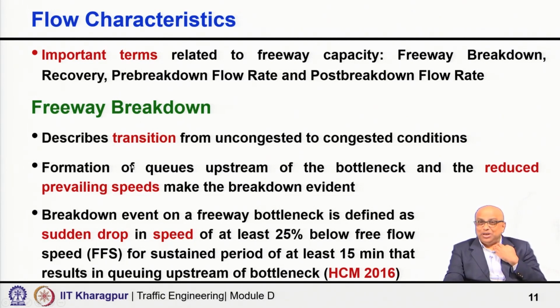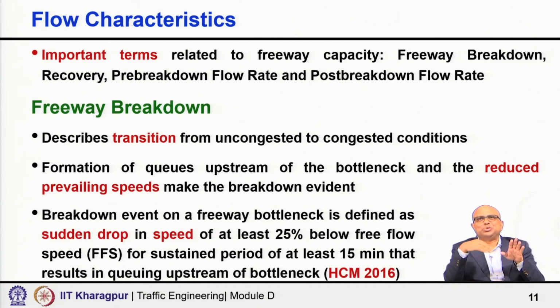It will be evident how we can recognize that a freeway breakdown has occurred, because there will be formation of queues upstream of that bottleneck. Take the same example of section A and section B: section A has 3 lane capacity, section B has 2 lane capacity, and let us consider the demand is increasing slowly from the morning, and at some point it is 2 lane, and then it goes higher than that.